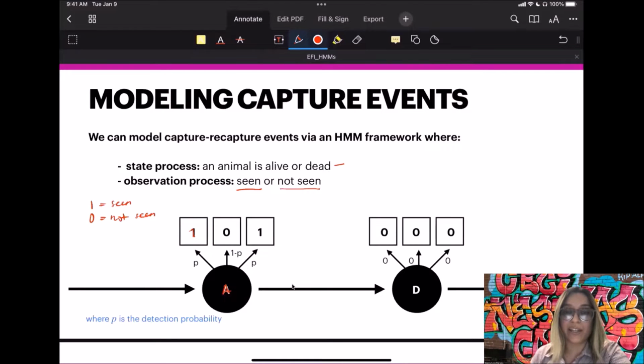The idea behind incorporating an HMM into capture events is that an animal might not be seen, but it's still alive, because there's some detection probability associated with actually being able to see the animal. So with probability P, we will see the animal if it's alive, and with probability 1 minus P, we will not see the animal even though it's alive.